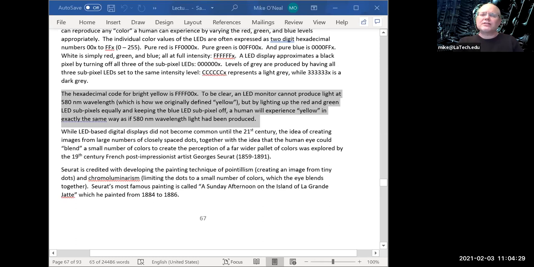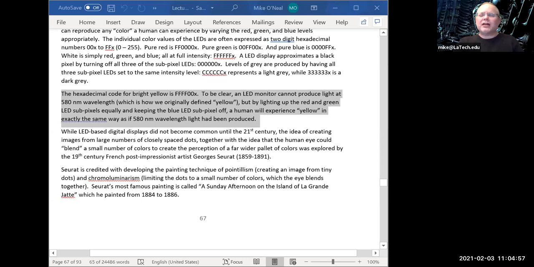So you've got cones that are sensitive to short wavelengths, you've got cones that are sensitive to medium wavelengths, and you've got cones that are sensitive to long wavelengths. And your brain integrates all of that into the concept of color. And last time I was trying to argue that there are no unique, unambiguous colors in the real world. And we were just ready to get to an example.